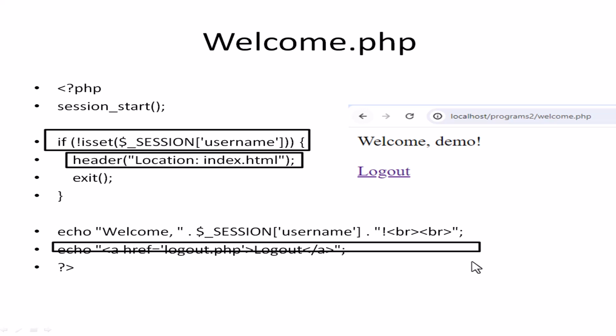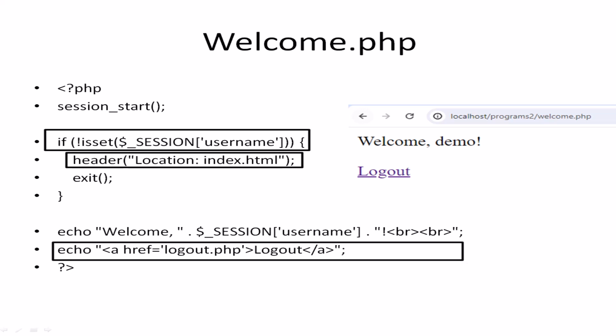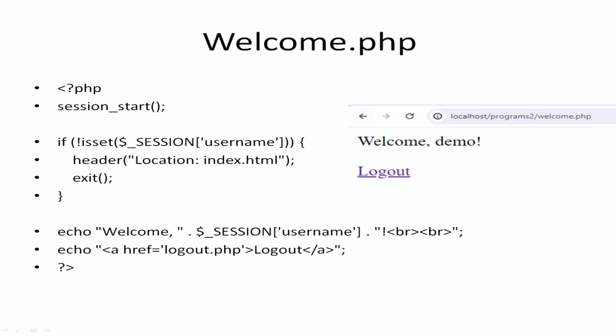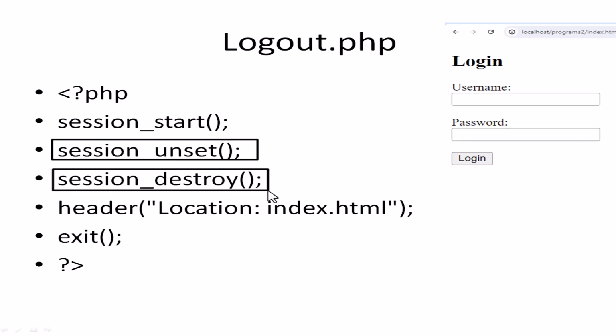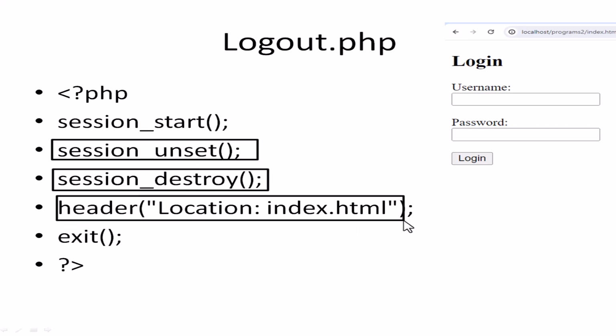Finally, a logout page will be added at the bottom. What logout.php does we will see in the next slide. Here in logout.php we are going to unset the session, and finally destroy the session. In the header you include index.html, and finally you exit from the program.